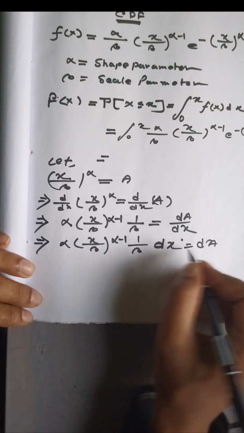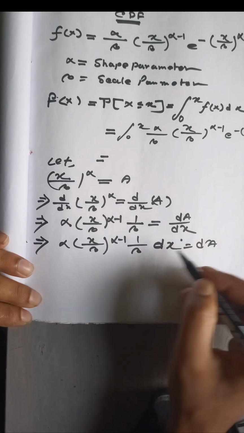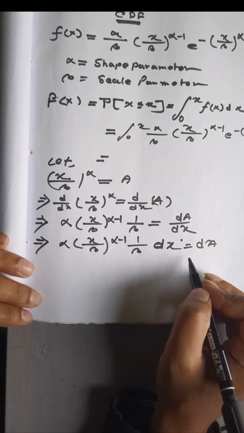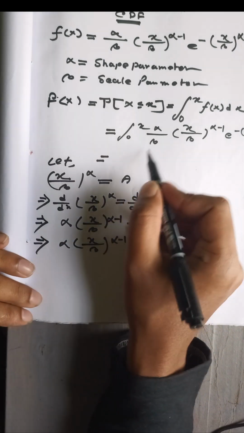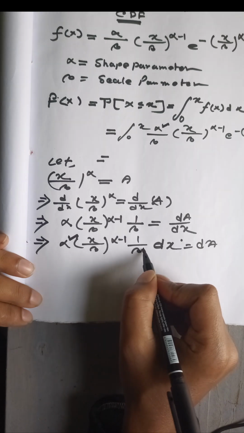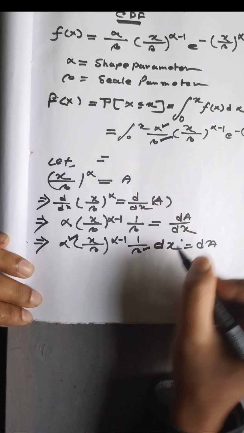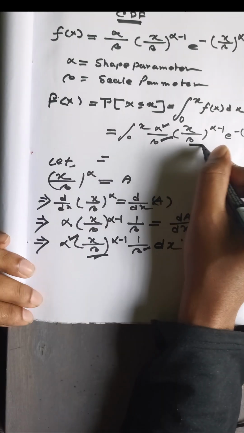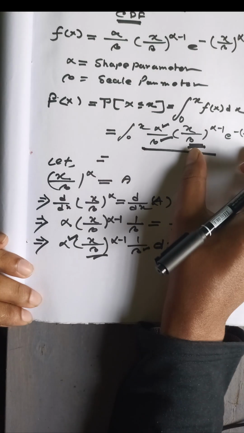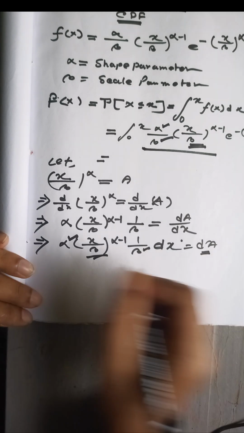So now we can put this in. See, now we have alpha divided by beta and this part here. So this and this dx we can write as dA.